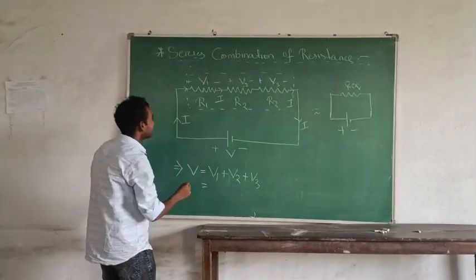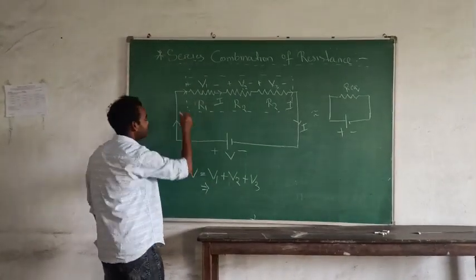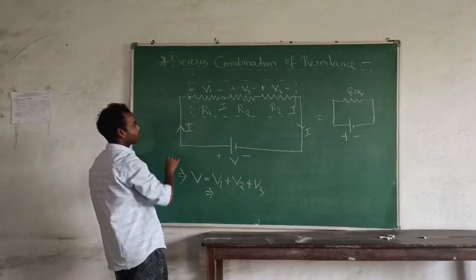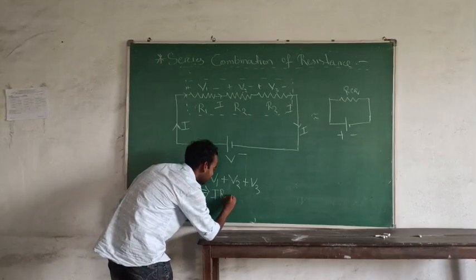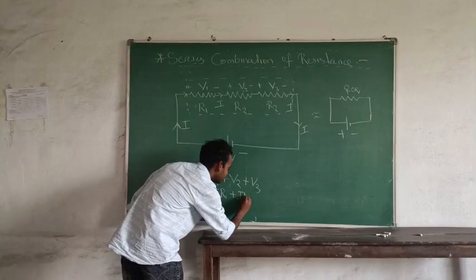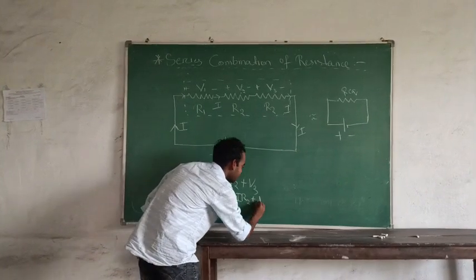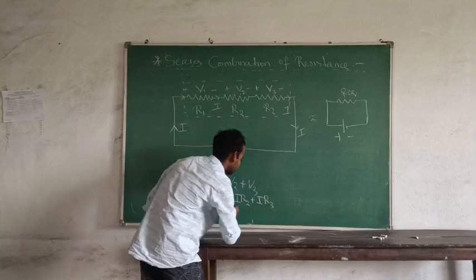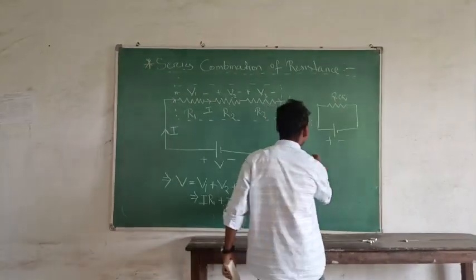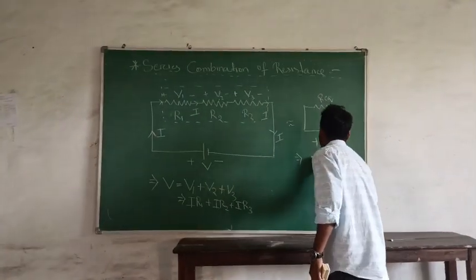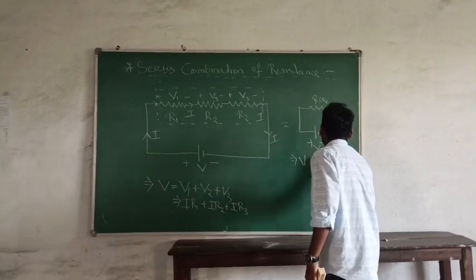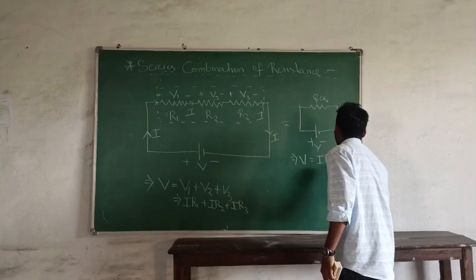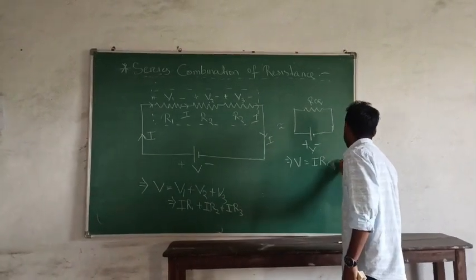So this implies V equals, from Ohm's law, I into R1 plus I into R2 plus I into R3. Here, from this circuit, voltage equals I into R equivalent.